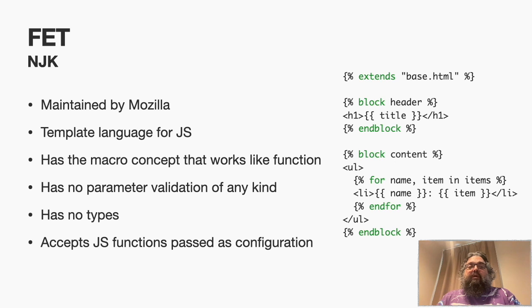So that's like a function calling many different functions to build the HTML for each page. Nunjucks has no type of parameter validation. It has no types. It can be extended by JavaScript because you can pass a hash of JavaScript functions that you can use inside of your code by the name you set as the key of the hash.